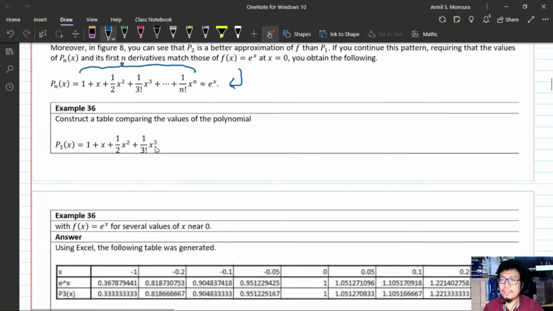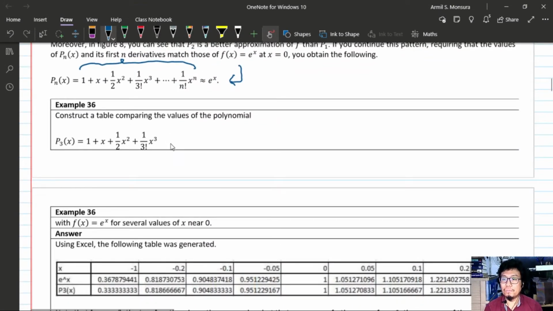If you take a look at the values around your approximating polynomial and compare them with the original function, considering that we would like to inspect it at x equals 0, this is where we center our approximating polynomial, by the way. So this is the center of P3.